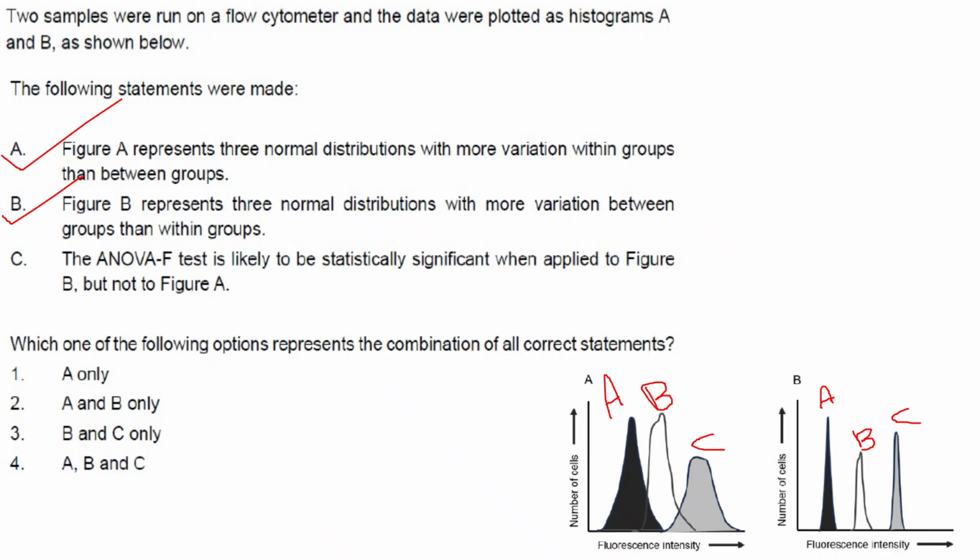Between groups means between A and B, A and C, like that. It is larger in the case of graph B than in graph A. So the ANOVA F test will show statistical significance for figure B rather than figure A. So C is also correct. So your answer is 4, that is A, B and C.